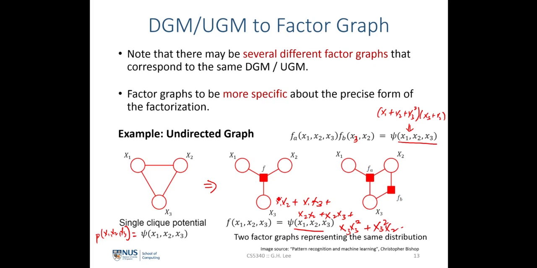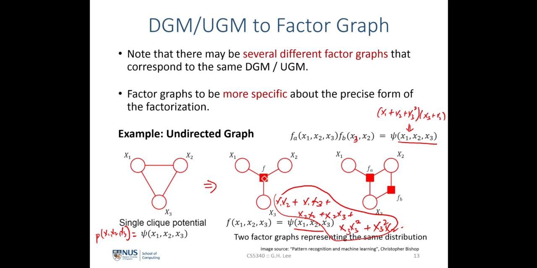So this whole term is what we get after evaluating the product of the two polynomial functions, and we simply collectively call this the potential of x1, x2, and x3, as well as the factor of x1, x2, and x3 as represented by the undirected graphical model, as well as this factor graph.